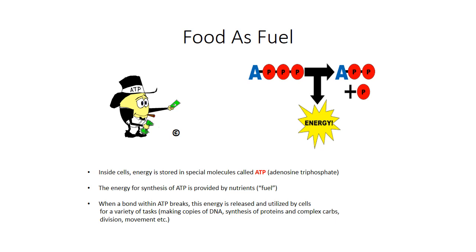So once ATP is broken down, it must be replenished, right? And there are mechanisms for replenishing or synthesis of ATP, new molecules of ATP. These mechanisms work very efficiently.